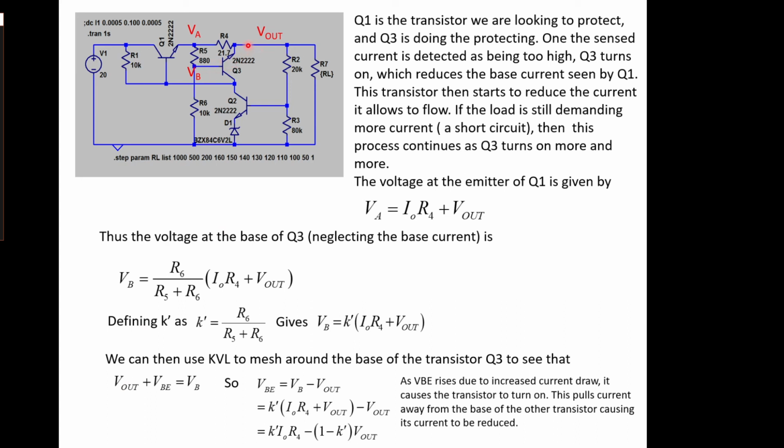So we're going from here, through VBE, and that gets us to VB. So VBE is equal to VB minus Vout. Just rearrange this, and we know that VB is this, so we end up with this expression here with K dashes appearing twice, a Vout and an I0 that we're interested in.